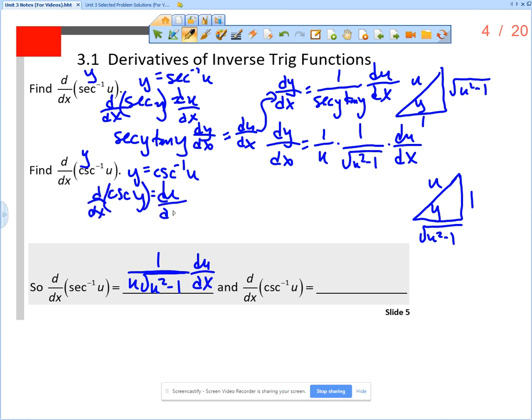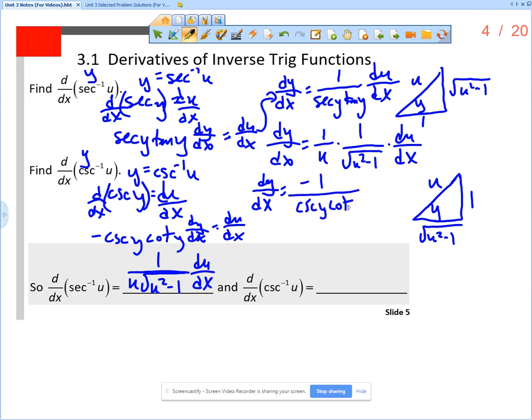The derivative of cosecant is negative cosecant y cotangent y, dy dx, equals du dx. Now divide and solve for dy dx. So dy dx would be negative 1 over cosecant y cotangent y, du dx.